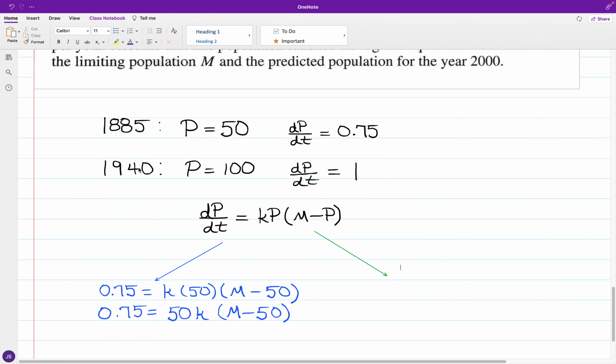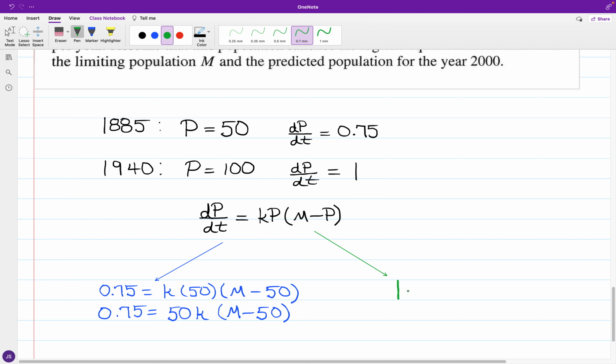And for what we have in 1940, again for the rate of change of the population growth, we have 1 million. And we have is equal to K times 100 times the quantity of M minus 100.